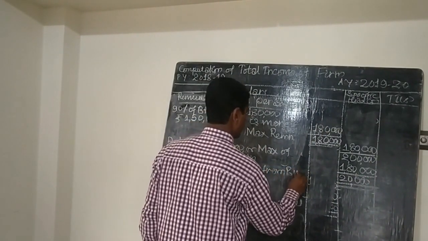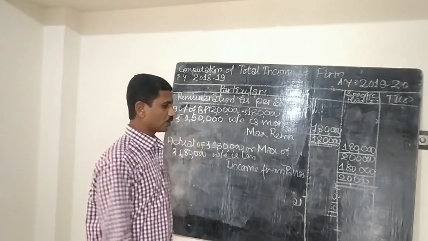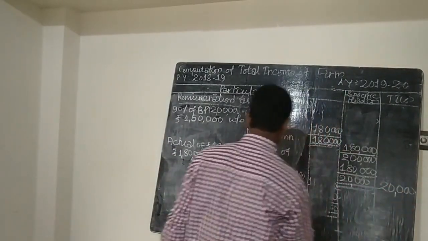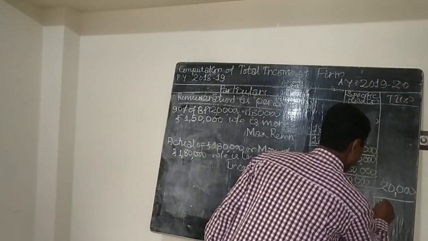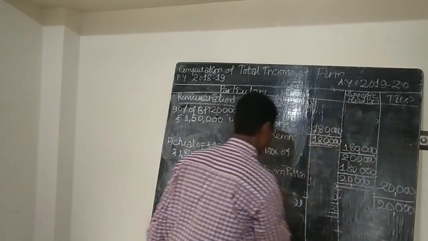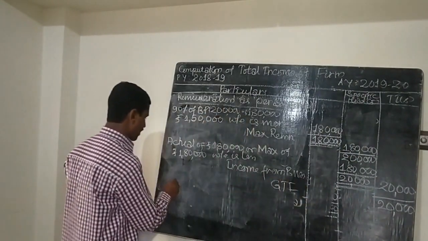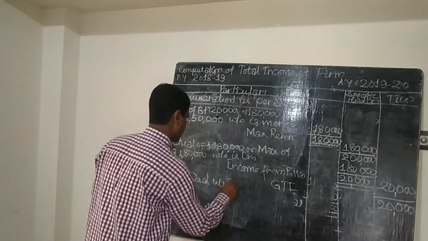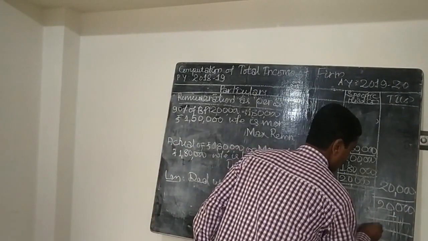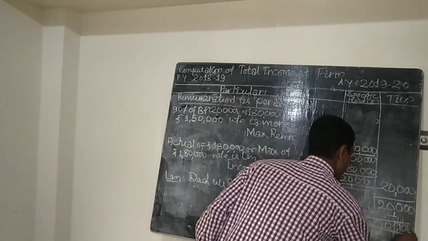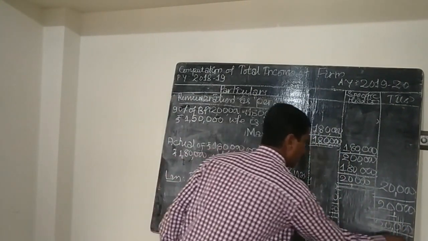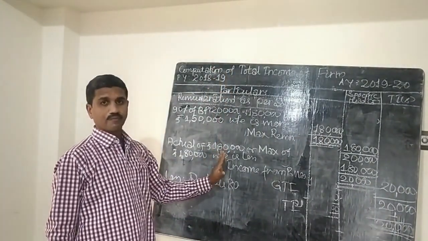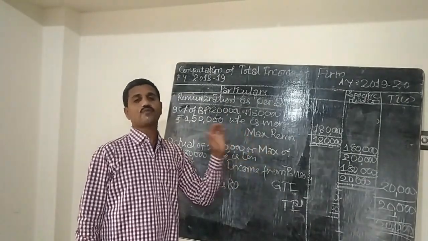Dear students, in this problem we don't have the income from other heads. So there are no other heads here. So 20,000, this is what we are going to arrive at here. GTI, that is gross total income. Then deduction under section 80. There are no such deductions here. So 20,000 is nothing but the total income. So this is what we have computed, the total income of the firm.